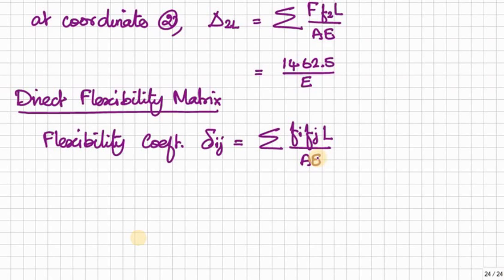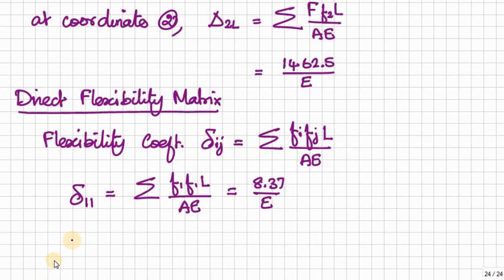So this is the general expression for flexibility coefficient. Delta ij is equal to summation of fi fj L divided by AE. Already we have calculated f1 squared L by AE, f1 f2 L by AE, then f2 squared L by AE. Okay. So just copy from the table to formulate the flexibility coefficient matrix or flexibility matrix.